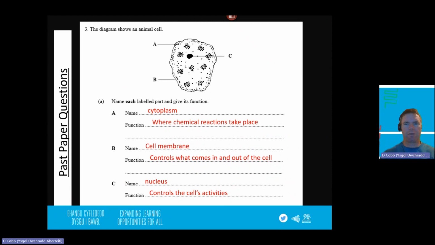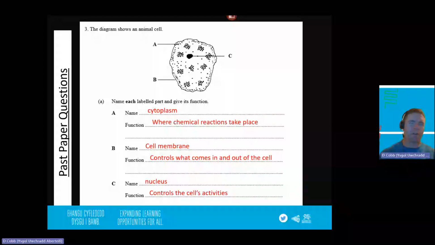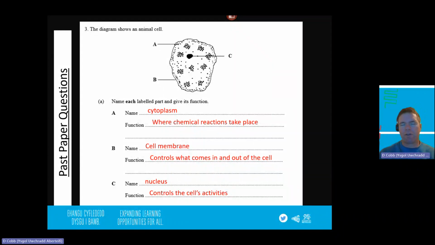When I complete a past paper question, there's a good chance I would not get all the marks, because sometimes what the question is asking for is a little bit obscure, or you just don't think along those lines. And you go down a different path when you're answering, and that's absolutely normal. But if we know our information and we give lots of information, we're giving ourselves the best chance to pick up the marks.